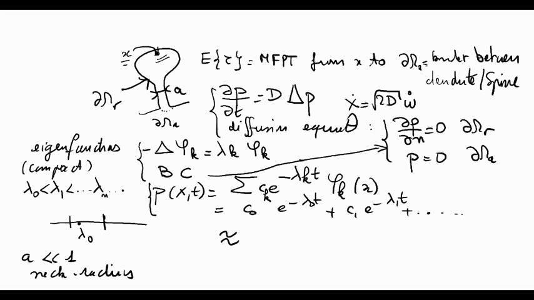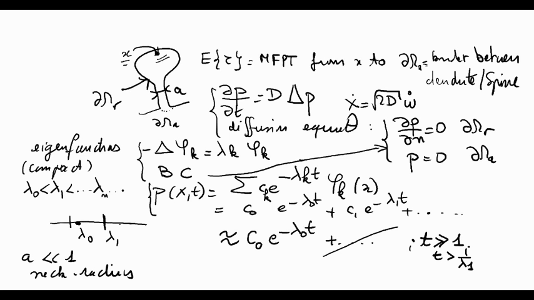The rest of the spectrum, lambda 1, is much larger than lambda 0, which is close to 0. Since the escape time is much longer than the time it takes to equilibrate, p can be well approximated by the first term, lambda 0 t, and we neglect the other part. This is for a time t long enough, for example longer than 1 over lambda 1.